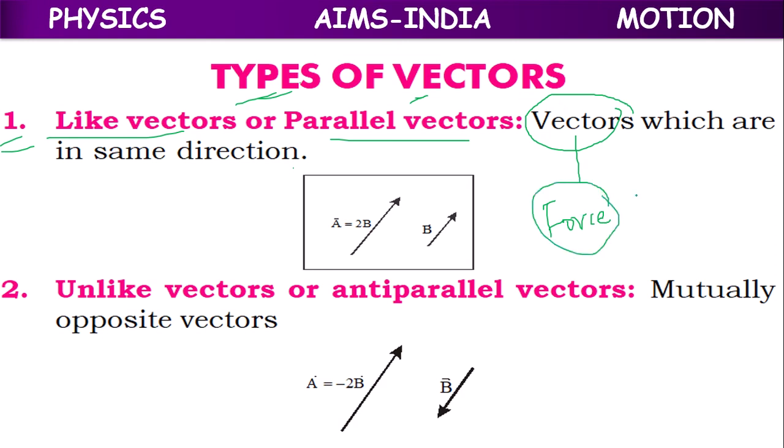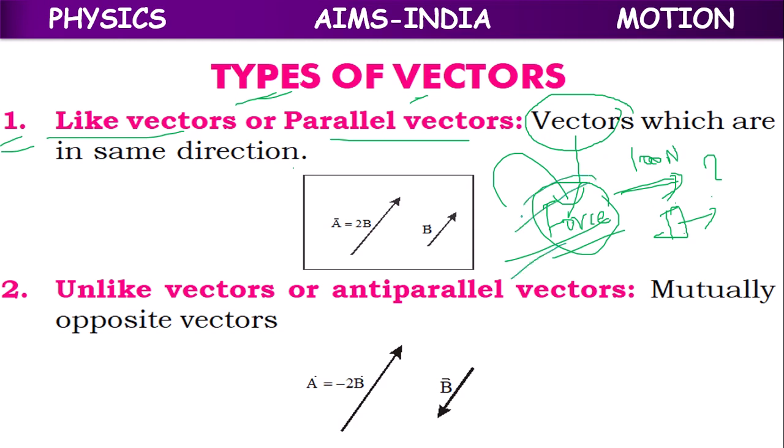Whenever we apply force, we apply it in one particular direction and the object will move in that direction. So while describing quantities like force, along with how much force we have applied, we also have to specify in what direction. These types of quantities are called vectors.